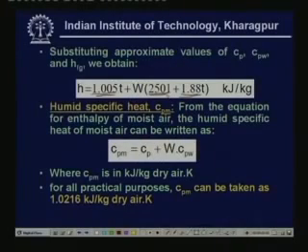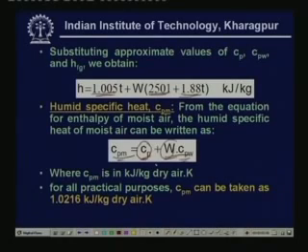Next property is the humid specific heat, that is nothing but the specific heat of the moist air. The symbol is C subscript Pm. From the equation for enthalpy of moist air, the humid specific heat can be written as Cpm is Cp plus W into Cpw, where Cp is the specific heat of the dry air, W is the humidity ratio, and Cpw is the specific heat of the water vapor at constant pressure.